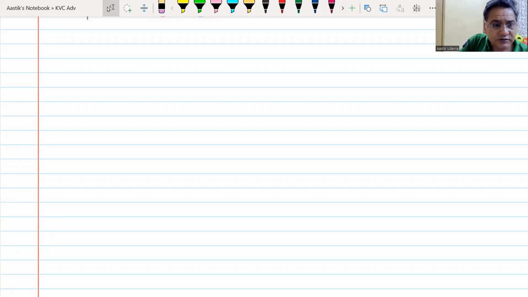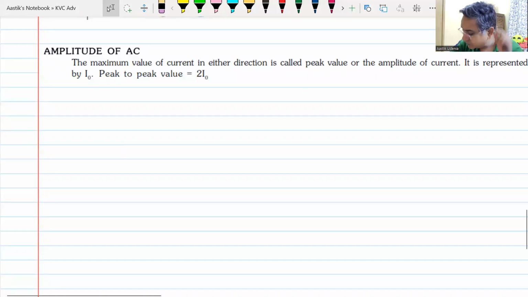The first thing that is going to come is the amplitude of alternating current or amplitude of alternating voltage. What do you mean by amplitude of alternating current or amplitude of alternating voltage? It is the maximum value. Sometimes you also call it the peak value, the maximum value or the peak value. It is represented by I naught.